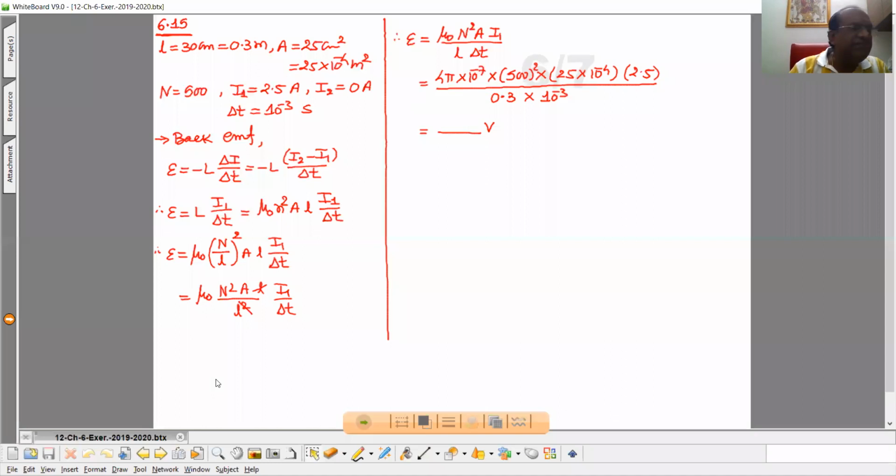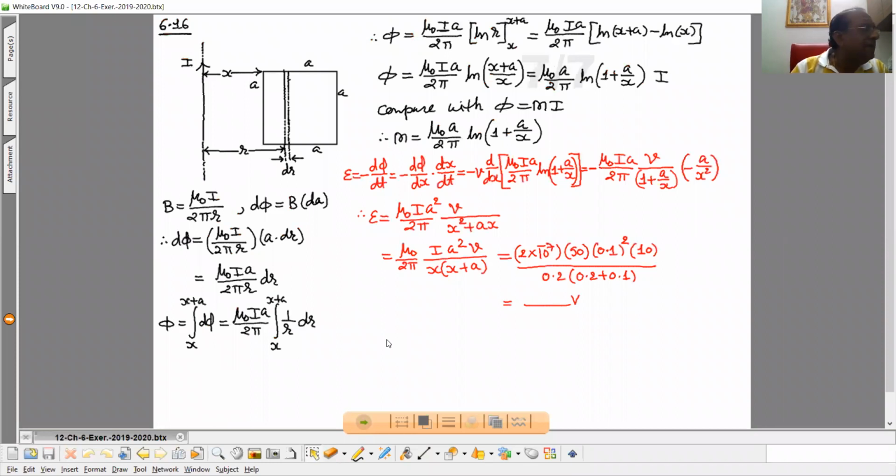Then after, 6.16. Obtain an expression for the mutual inductance between a long straight wire and square loop of side A as shown in figure 6.21.